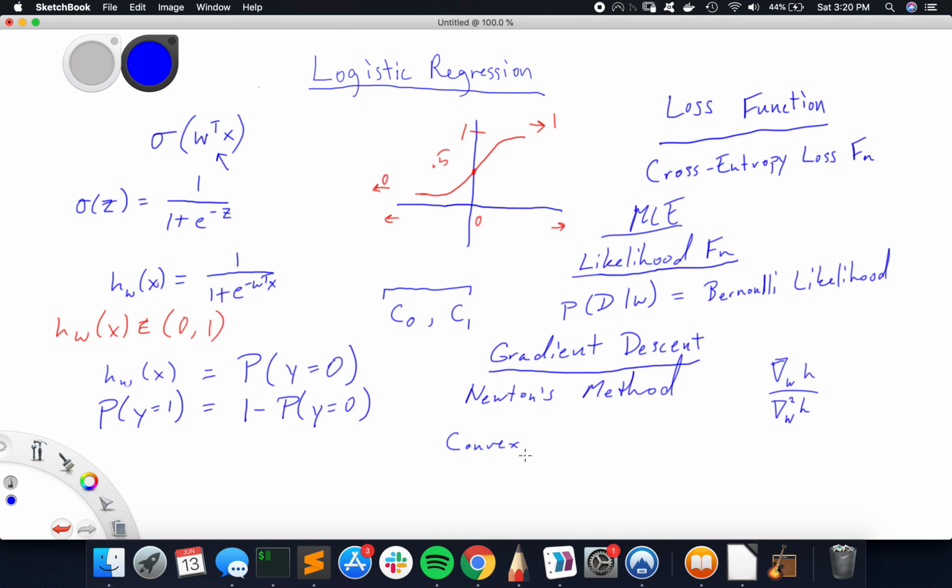That's a really important thing to have in your head when discussing logistic regression in an interview: the loss function is convex in this case, because that gives you a lot of really key guarantees on both the speed of convergence and the optimality of the solutions that you find.